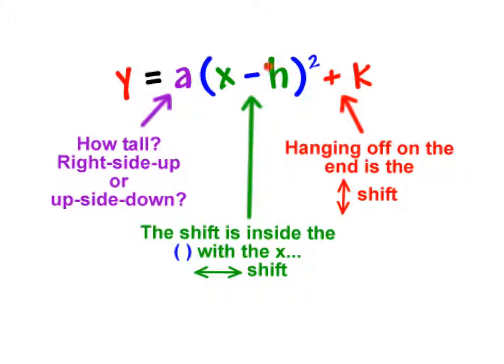In x minus h, this h here is the horizontal shift. And plus k, this k here is the vertical shift. So anytime you see this form to find the vertex, you don't have to be nervous. Just plug in this formula and you'll find the function you want to get.